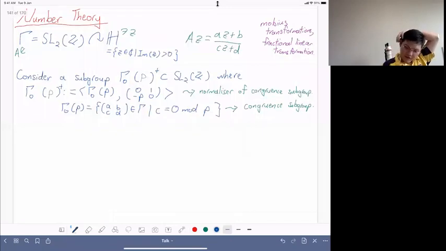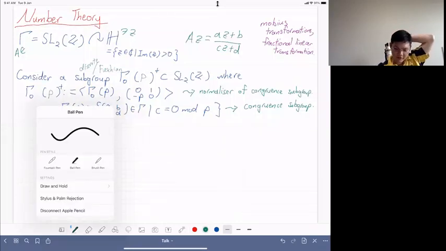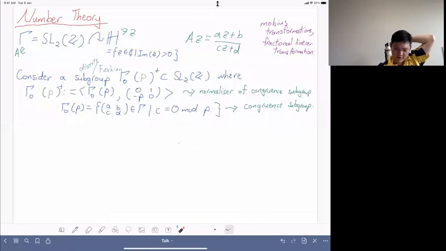You can also consider a discrete subgroup, sometimes called a Fuchsian group. This subgroup is not very important, but you need to remember there's some congruence group that's interesting here.